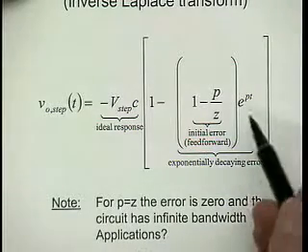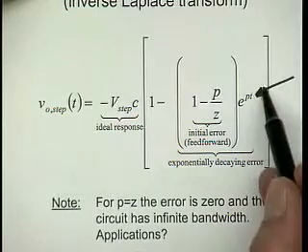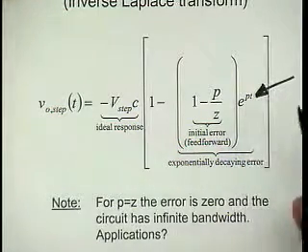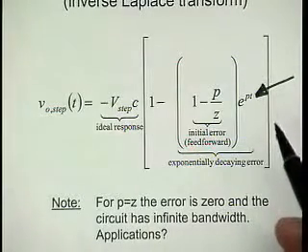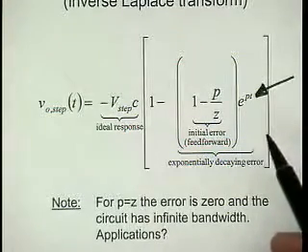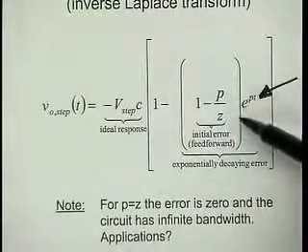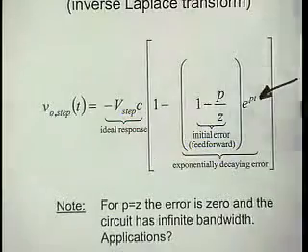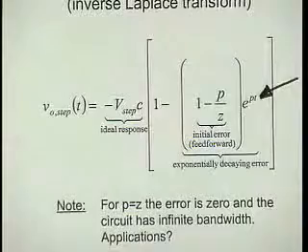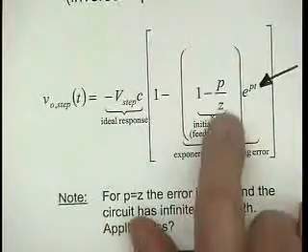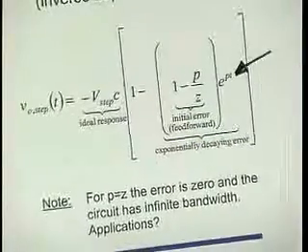We probably remember that the error is decaying exponentially, and the time constant that determines how fast the error is decaying is set entirely by the pole, never by the zero. It's good to remember. The amplitude of this error depends on the pole and the zero. If we didn't have the zero here, then this would be just 1. If we have the zero also, then the amplitude actually is going to be larger than 1.